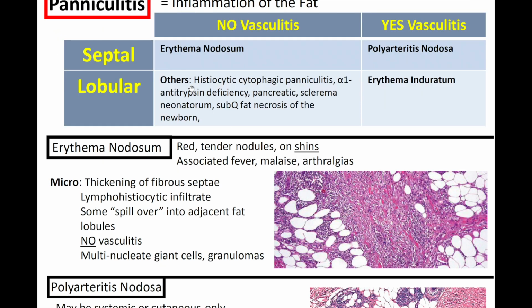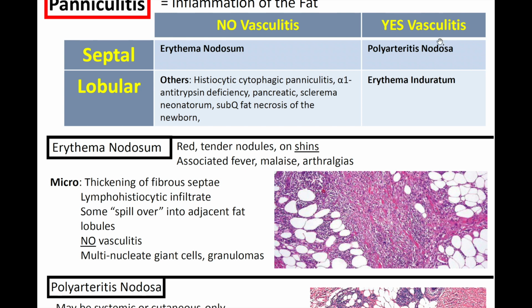Moving right along. So panniculitis is inflammation of the fat, and you can have septal or lobular. You can have septal with no vasculitis, which would lead you to erythema nodosum, and then a septal panniculitis with vasculitis is polyarteritis nodosa. And that kind of makes sense, right? Nomenclature wise.